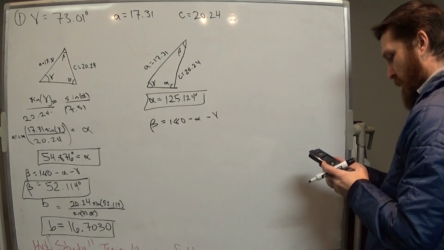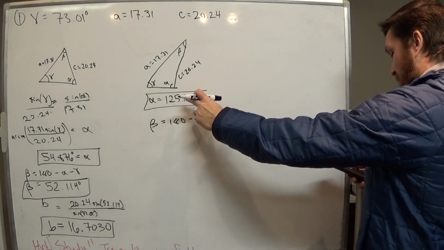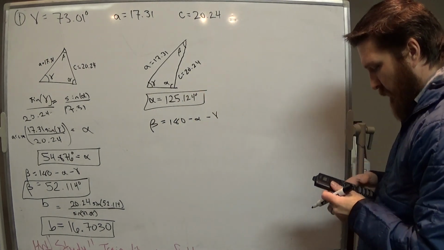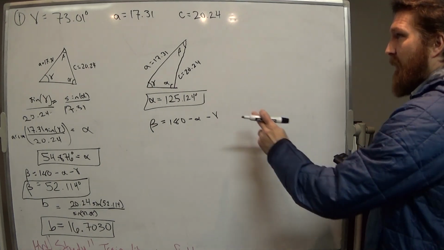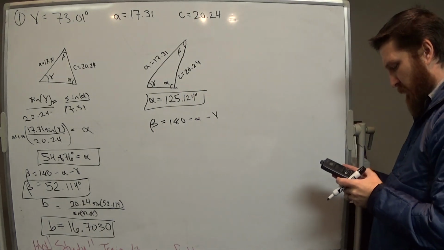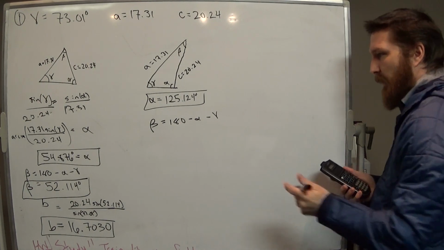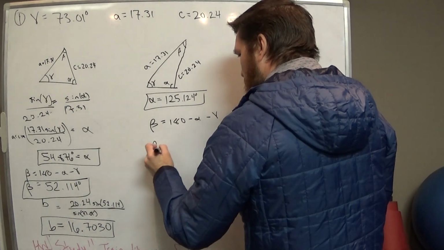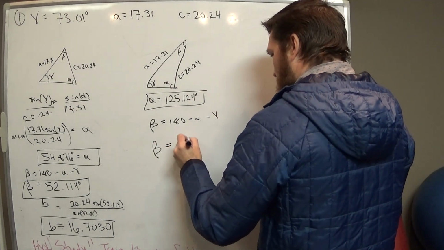So 180 minus, in this case, alpha is the 125, so I'm going to go up until I see my 125, 1, 2, 3. And then minus off my gamma, which is 73.01. And what do you get? I got negative. Yeah, so what does that tell you?